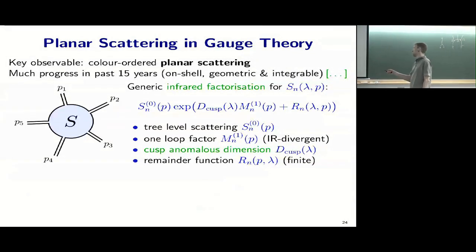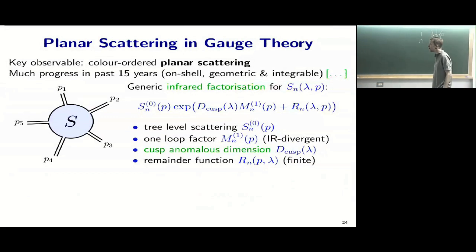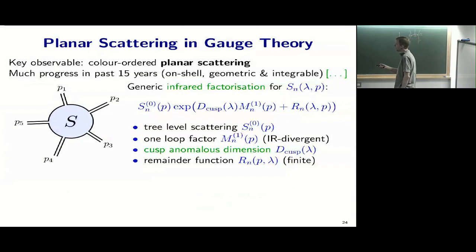Now, as I said, you need to regularize, and you get infrared divergences. But these infrared divergences have a certain factorization property, and a generic amplitude at any number of loops with a given set of external momenta factorizes into the tree-level scattering times some numerical factor which you can write as an exponent. And in this exponent, there's one contribution which is divergent, like one over epsilon.